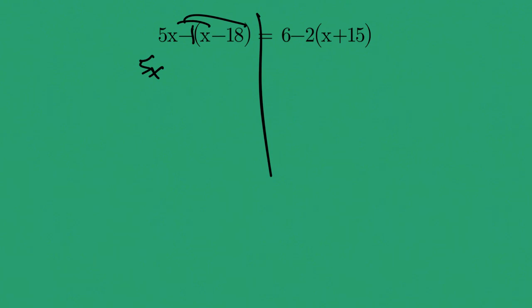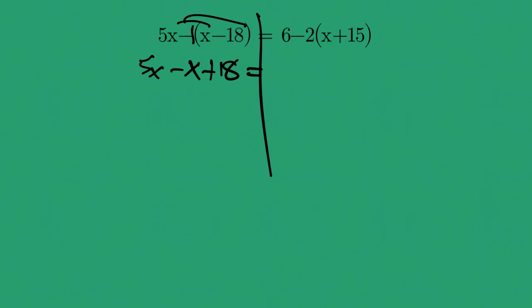What is negative 1 times positive x? Negative 1x. Good. Watch your signs here. What is negative 1 times negative 18? Positive 18. A negative times a negative is a positive.